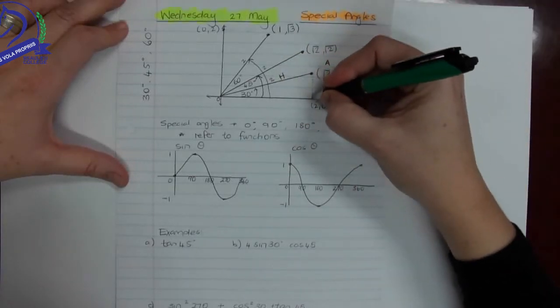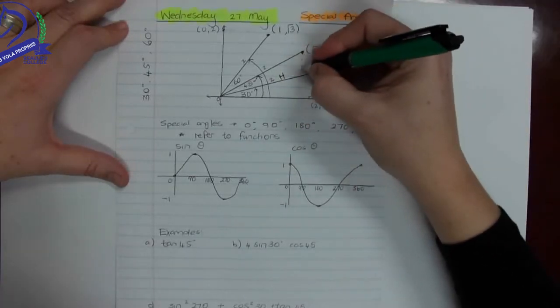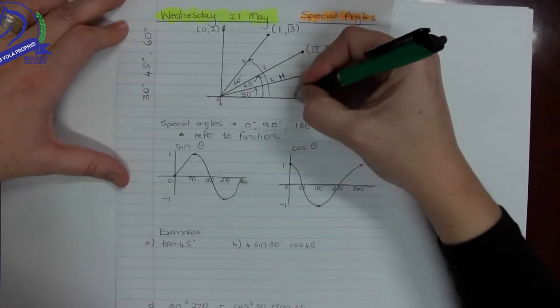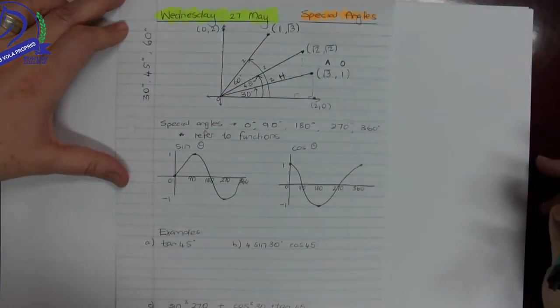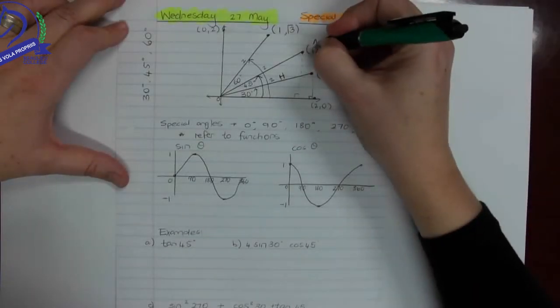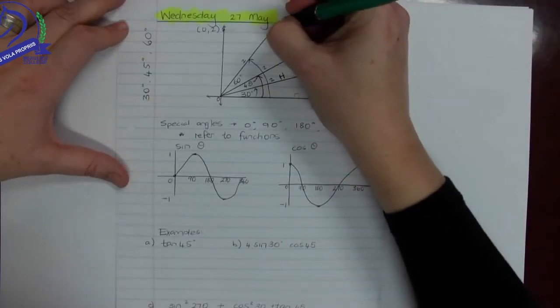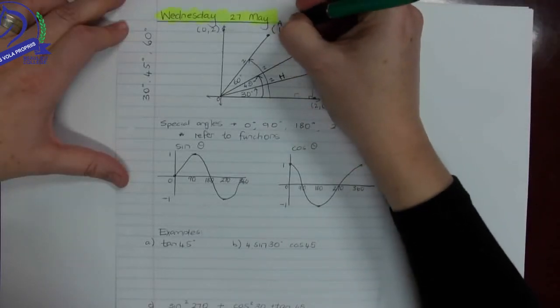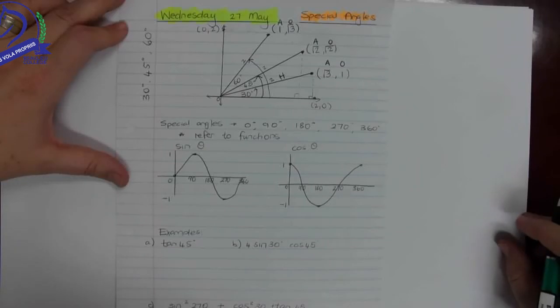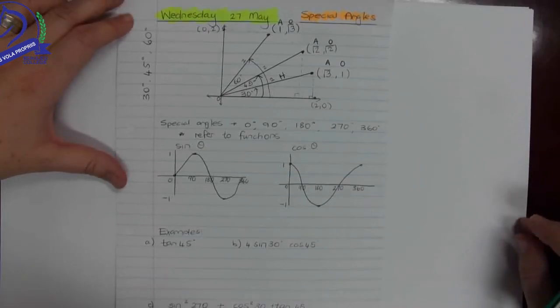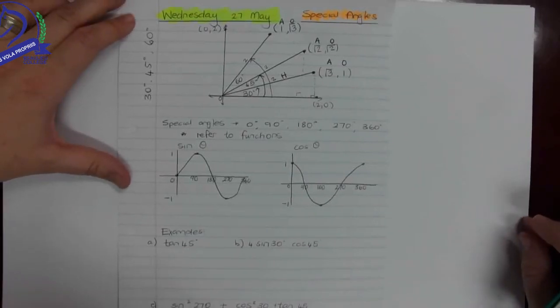Because for each one of those points, I can pull a line down and make a right angle triangle. Okay, so each x coordinate represents the adjacent side, each y coordinate represents the opposite side. Okay, that's what you did in grade 10.